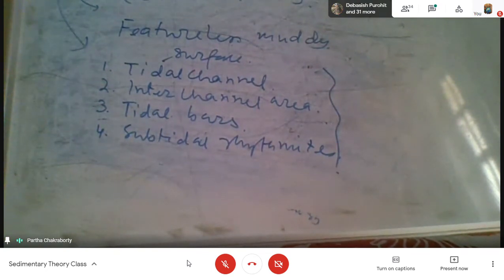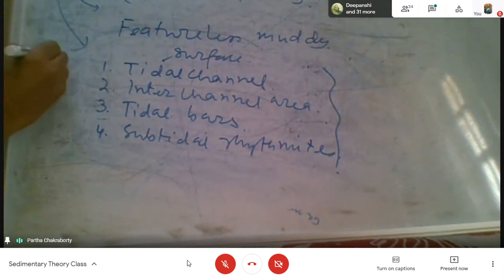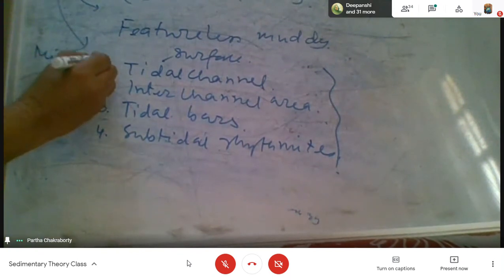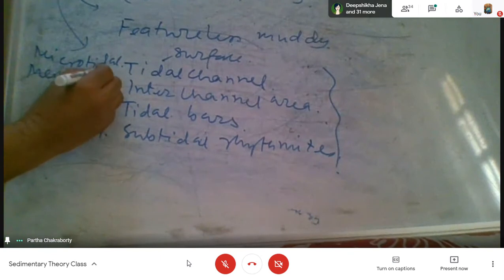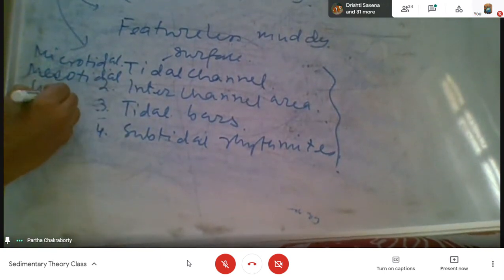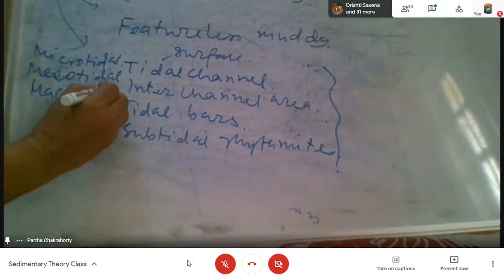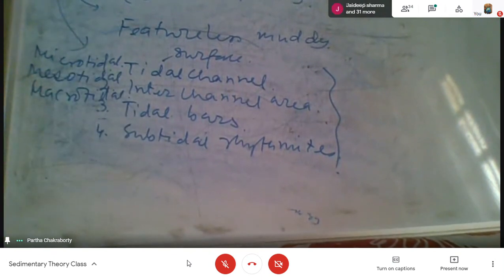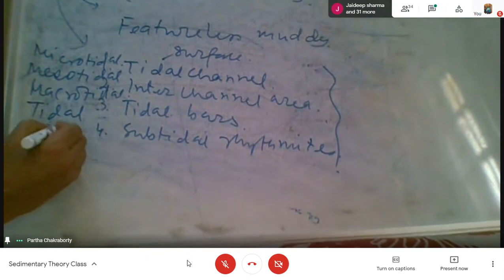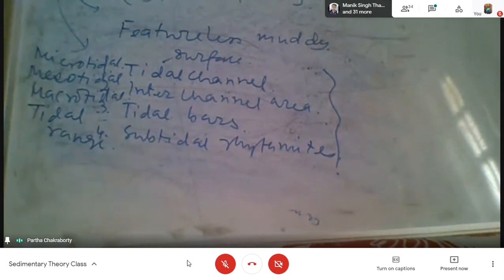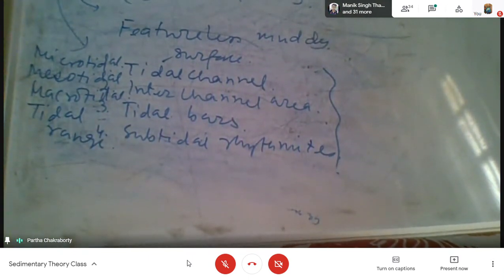Now, how do we classify the tide dominated coastline? We classify it as microtidal, mesotidal, and macrotidal. It all depends on tidal range, that is, the difference between high tide and low tide.